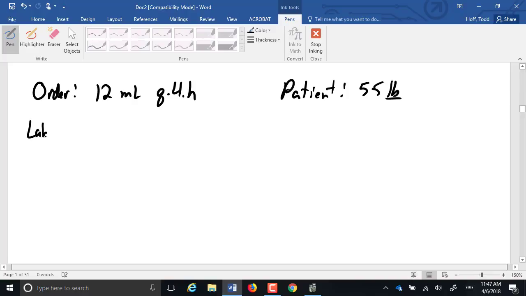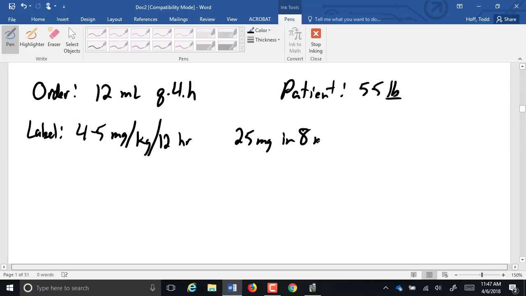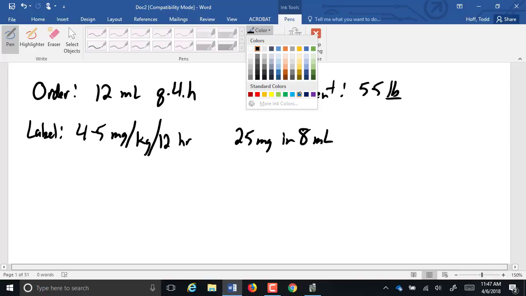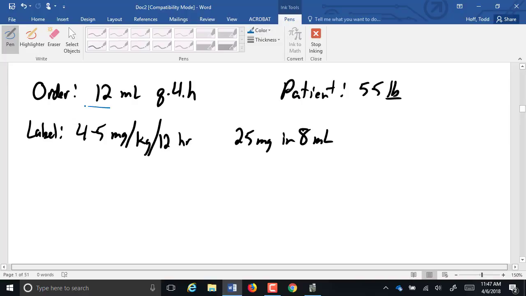The label says 4 to 5 milligrams per kilogram per 12 hours. And it also says 25 milligrams in 8 milliliters. So I want you to find the safe range of dosage and tell me, is that doctor's order safe? I'm going to give you a couple minutes.